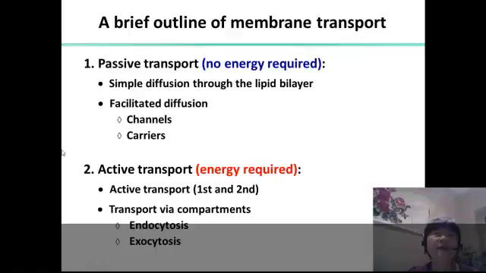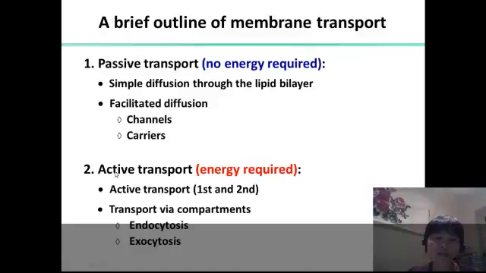Now, a brief outline of membrane transport. We have listed the different types of membrane transport. Here, it's been grouped together: one is passive transport, which requires no energy. Within that group, we have simple diffusion and facilitated diffusion. Within facilitated diffusion, we can also divide them into channels and carriers.